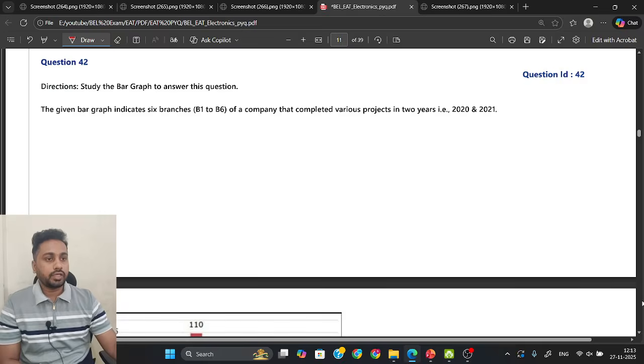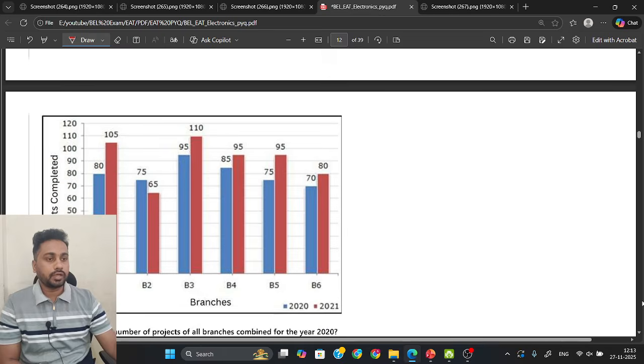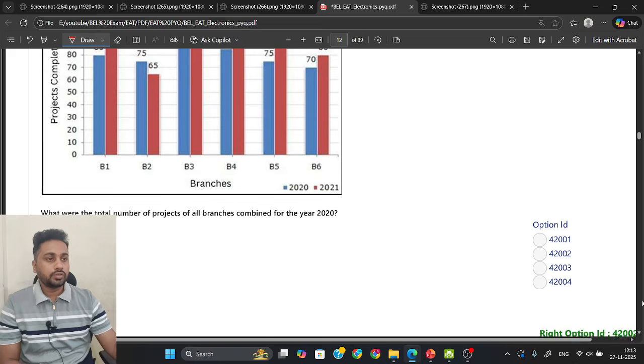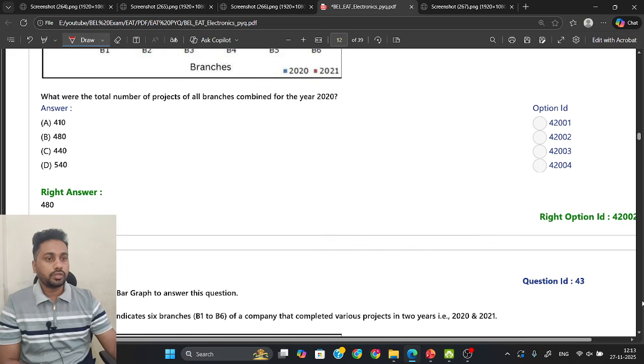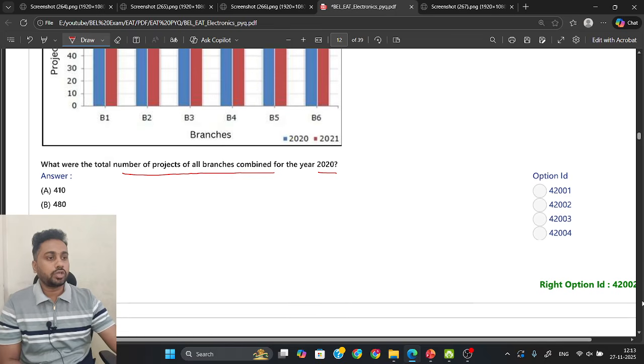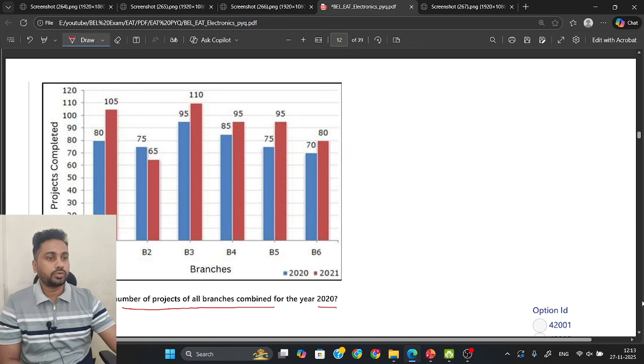Okay. Now the next one, again from the same graph you will get another question. Here they have asked, what was the total number of projects of branches combined for the year 2020? 2020 means the blue one.